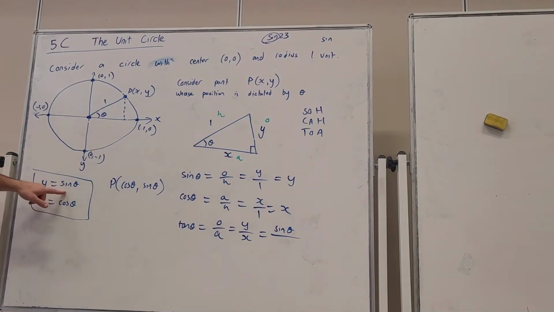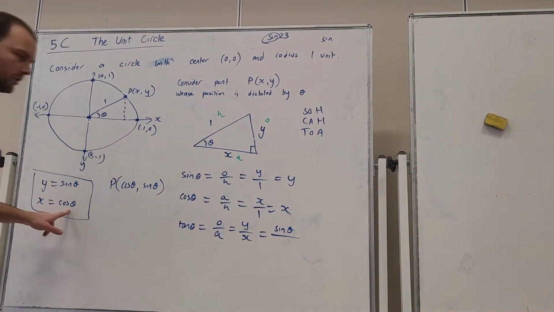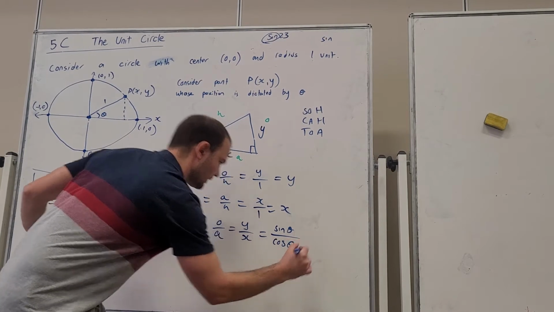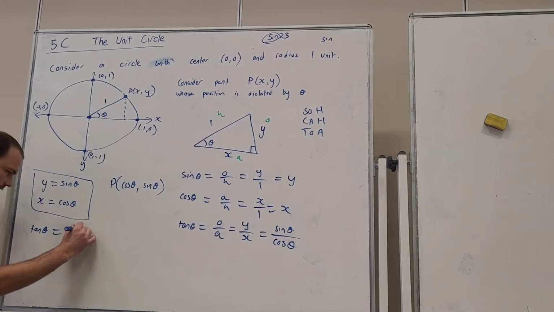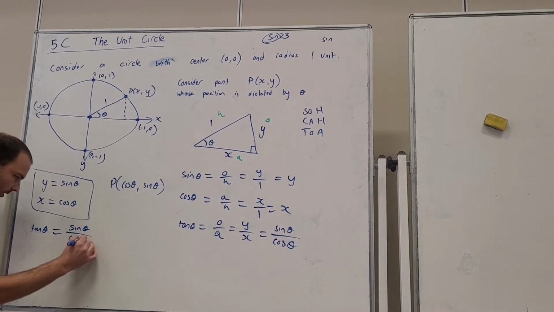And X, in its simplest form, is cos theta. So we have another definition here. Tan theta is sine theta divided by cos theta.